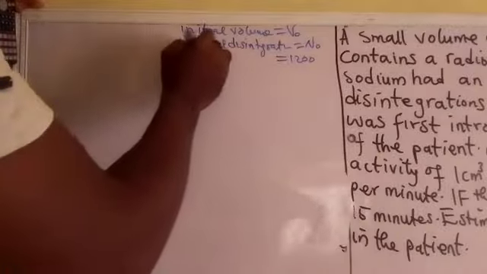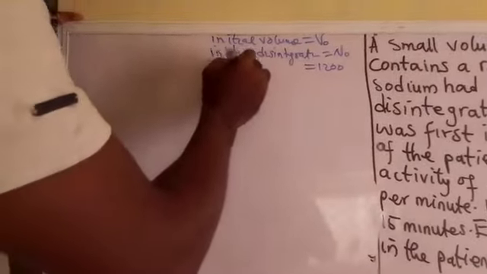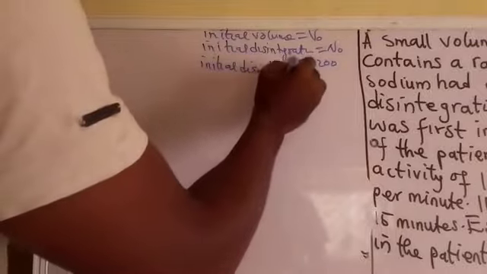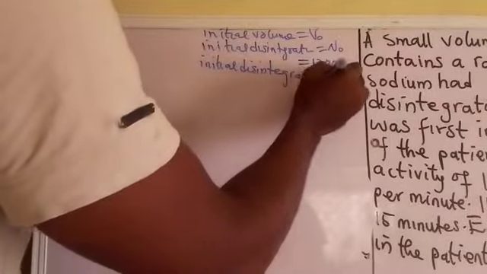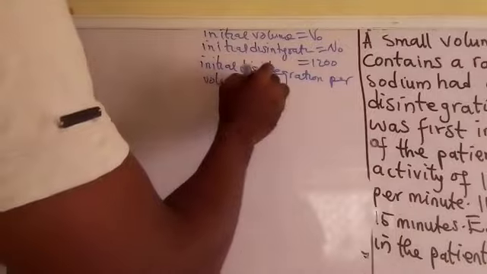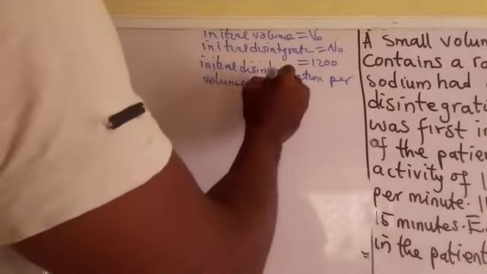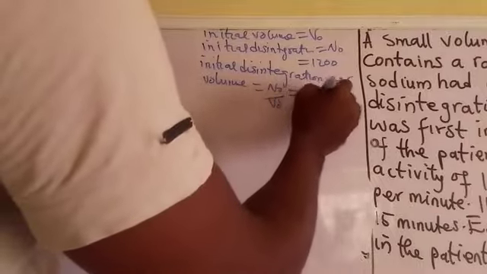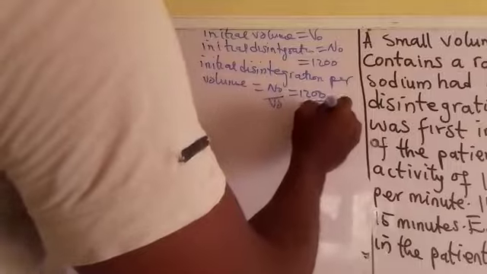Now, initial disintegration per volume is equal to N naught over V naught, which is 1200 over V naught.